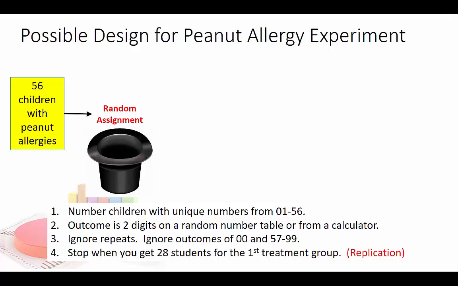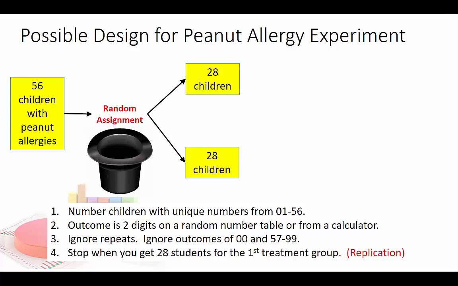I'm going to ignore repeats because I'm not going to reassign the child to the group twice. The child only gets to be in the group once. And I'm also going to ignore outcomes outside of my range. I'm going to stop when I get 28 students for the first treatment group. That gives me the replication. 28 students will help account for random variability.